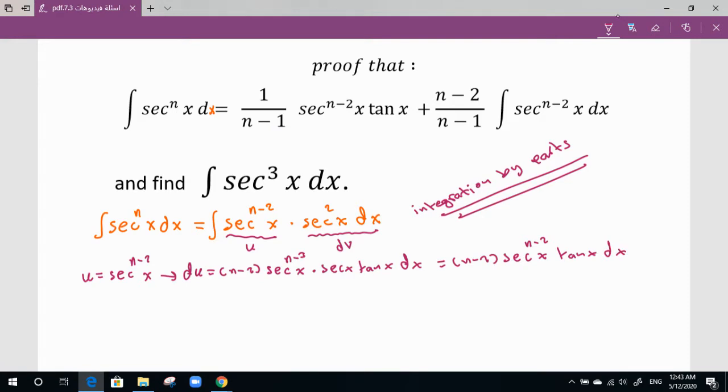Now dv is secant square x dx, so v equals the integral of secant square, which is tan x.